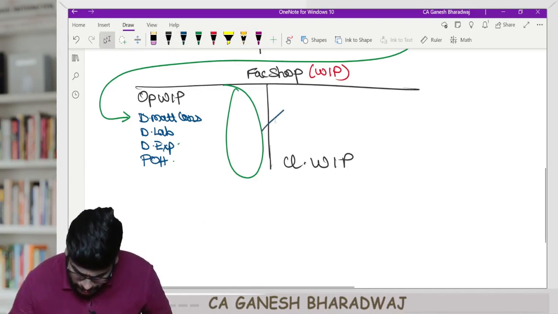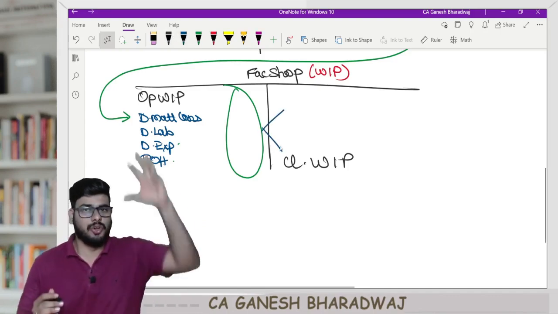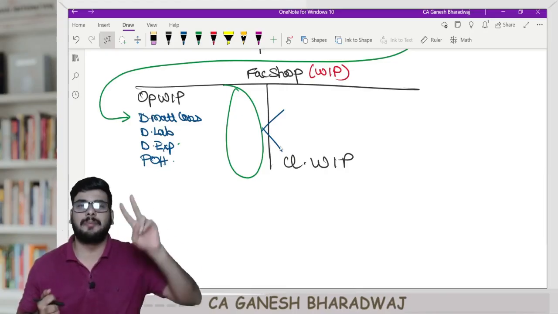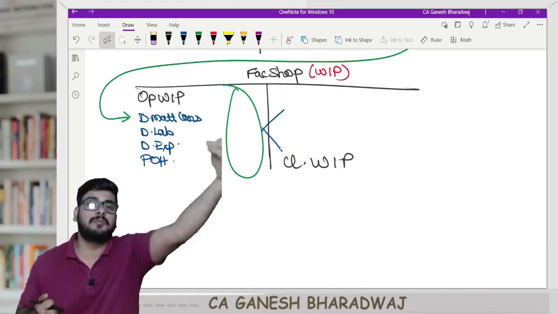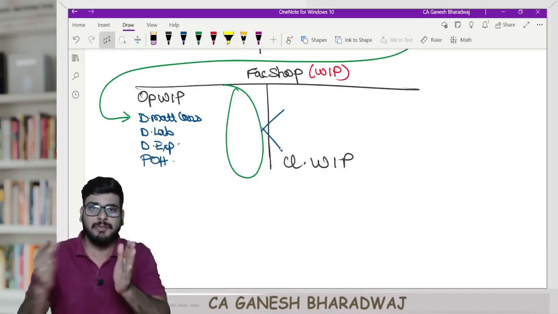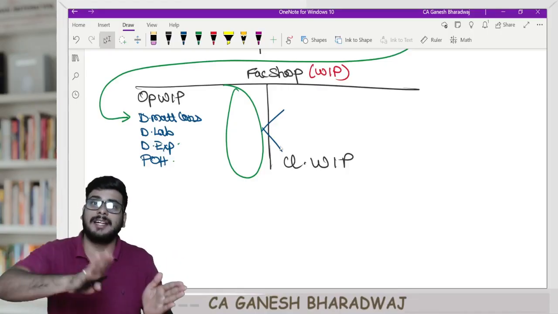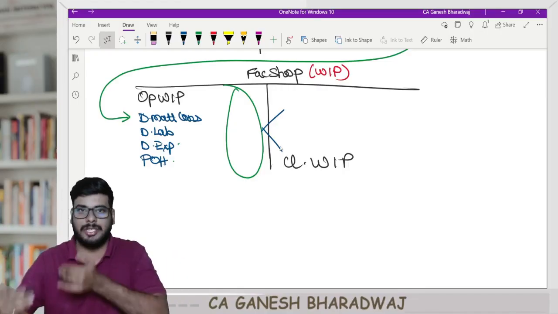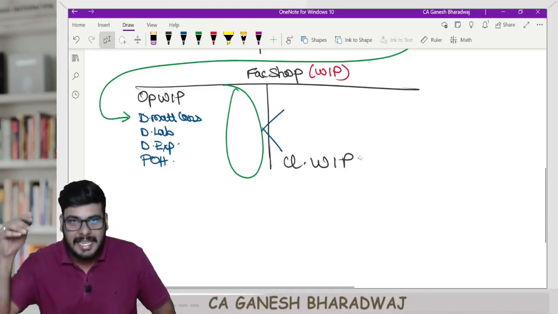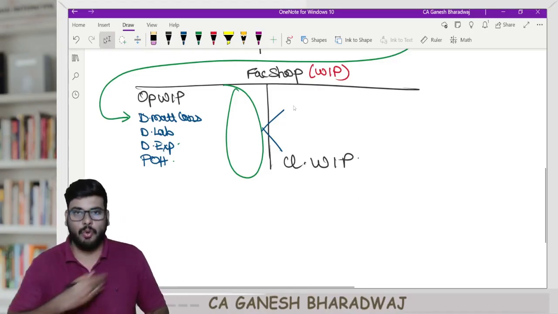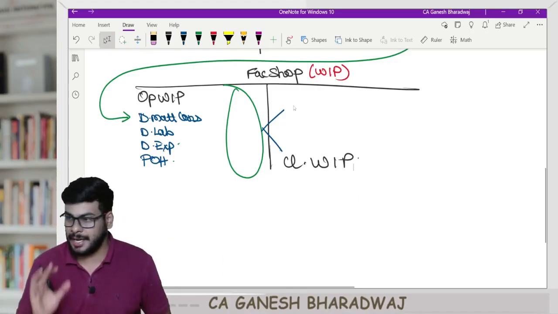Now, broadly, what has happened? Using all these costs, by consuming all these costs, you can actually completely produce and transfer some units. That is, some units may be completed and transferred as FG, while some units will still be in the process of completion and will remain inside your machine as closing WIP. So here, this overall cost can be bifurcated into two.